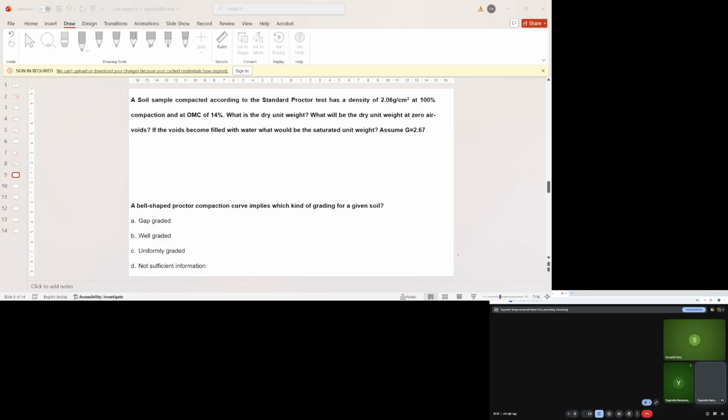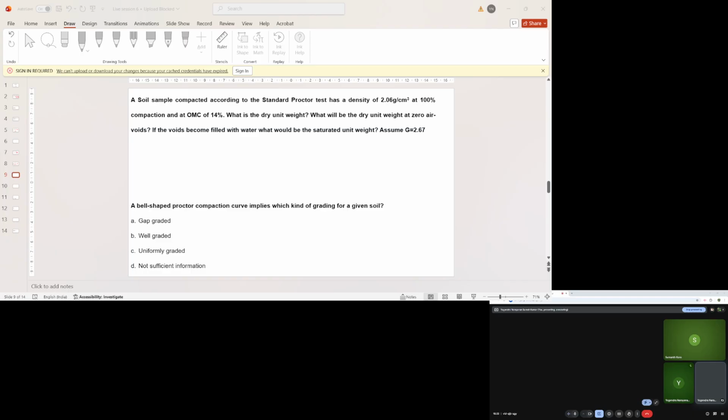The total volume is 1 cc. So we get 2.13 gram per cc. This is the saturated unit weight which we get when all the voids are filled with water.